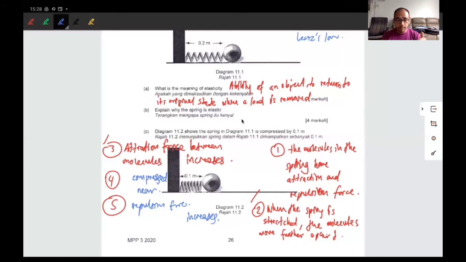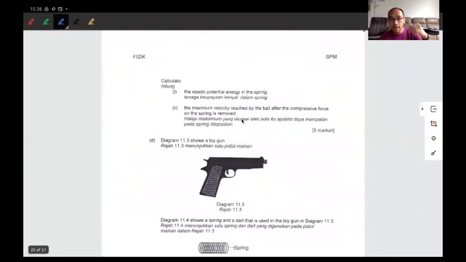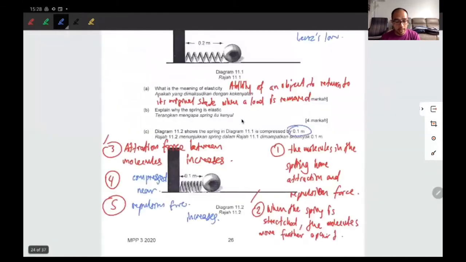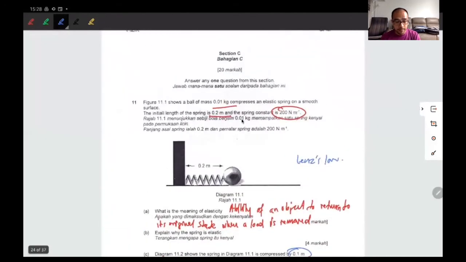Okay, so diagram, this one shows the spring compressed by 0.1 meters. Good news, it is already in meters, so don't bother changing it. So calculate the elastic potential energy of the spring. Elastic potential energy is 1 over 2 kx squared, or 1 over 2 fx. Let's take a look. What is given?